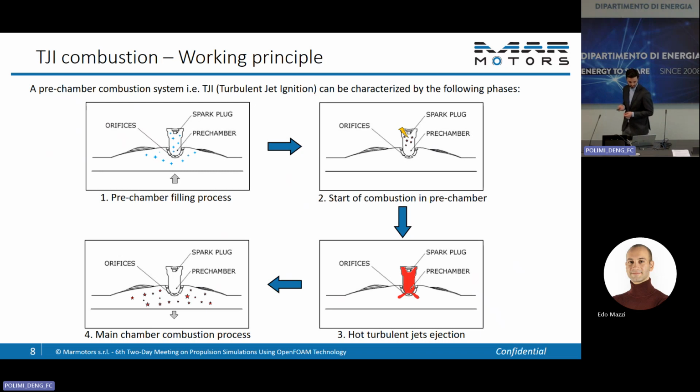The first one is the filling process, in which the fresh mixture that goes inside the cylinder by the intake stroke is pushed inside the prechamber by the motion of the piston. Then there is the first combustion that happens inside the prechamber, the jet ejection, and then finally the last part, the second combustion, or the main process that happens in the main chamber.